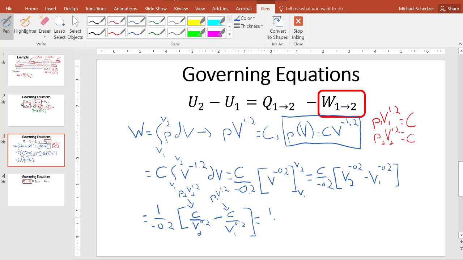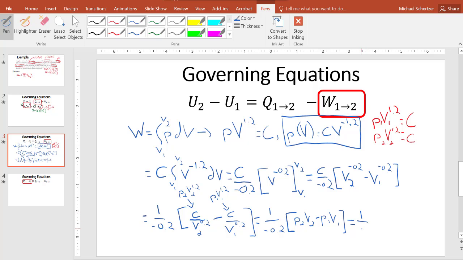So this is going to be 1 divided by negative 0.2 times, and here's kind of the beauty, p2 v2 minus p1 v1. Now if you don't like a negative out here, we can multiply this whole thing by negative 1.